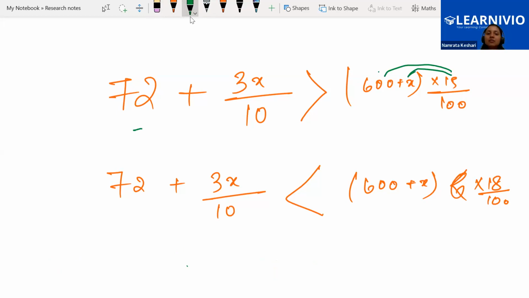We will have 72 plus 3x by 10 greater than 600 into 15 by 100. Tell me quickly, 600 into 15 by 100 is what? 15 5 times 75, 15 6 times 90. Is it 90?